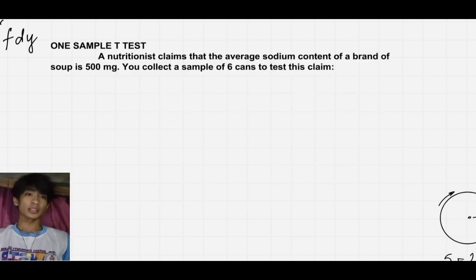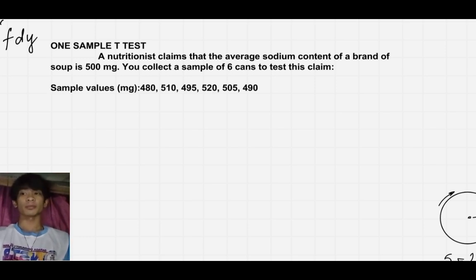After knowing the formulas, we have a problem that we need to solve. This one is for the one sample t-test. A nutritionist claims that the average sodium content of a brand of soup is 500 mg. You collect a sample of 6 cans to test this claim. The sample values in mg are 480, 510, 495, 520, 505, and 490.